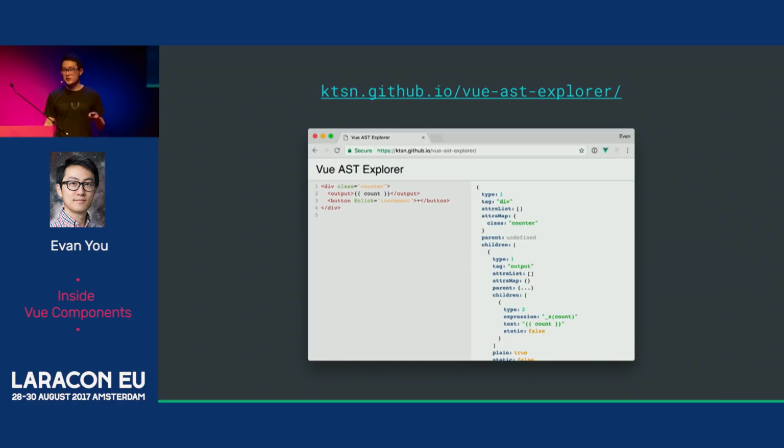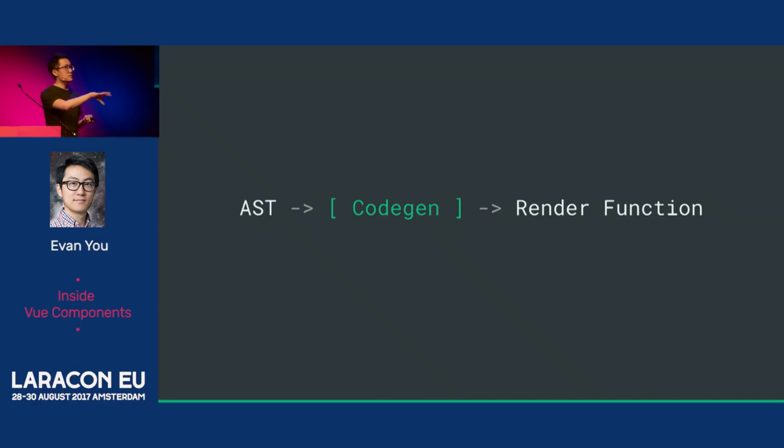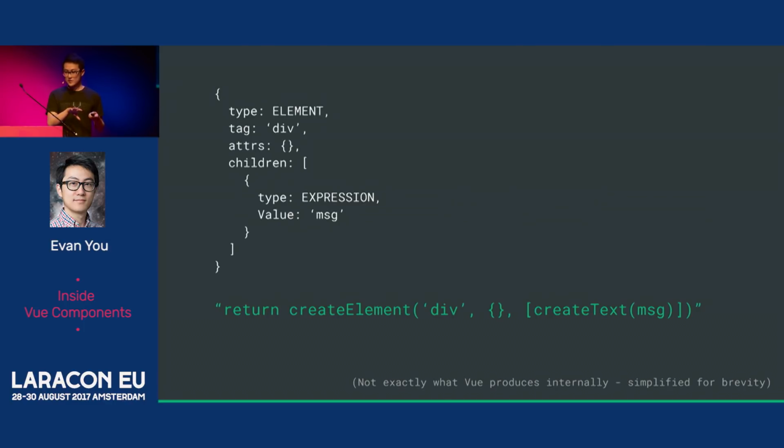Someone even made an app that allows you to explore how Vue templates are turned into the intermediate AST representation. And then the AST is piped into the code gen to generate the actual render functions. So taking the AST above, we turn it into the code, the green part underneath.